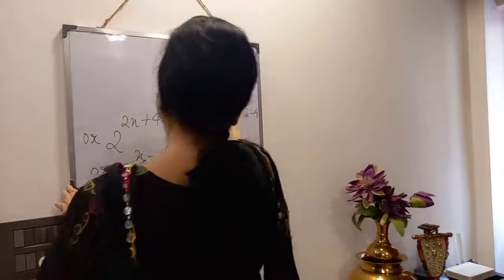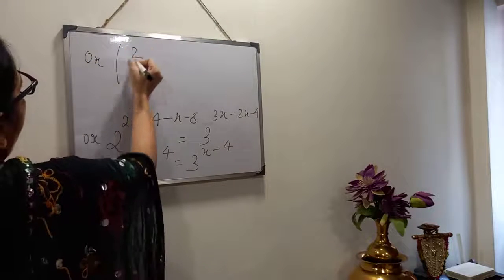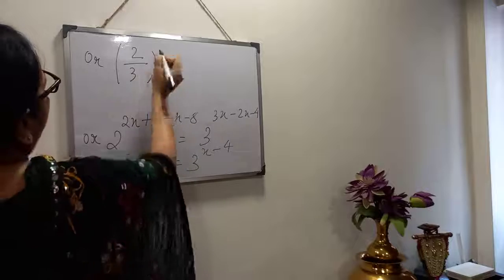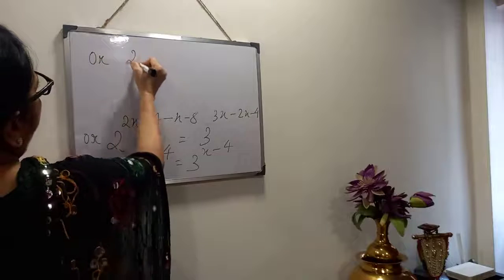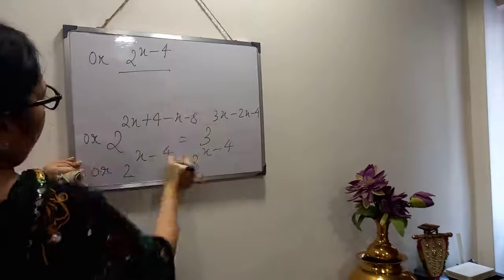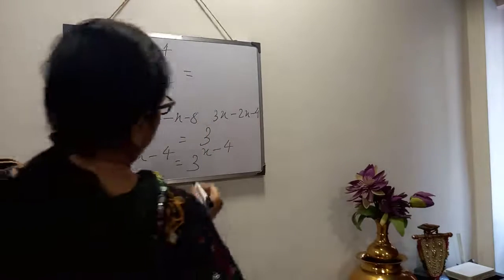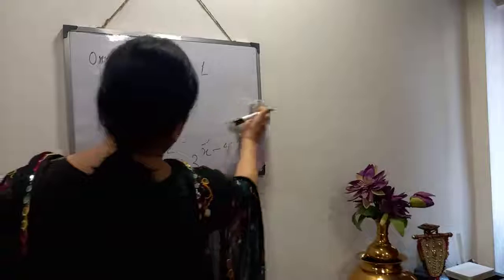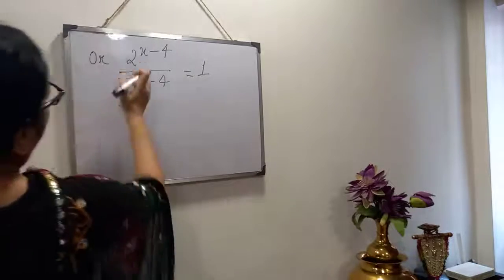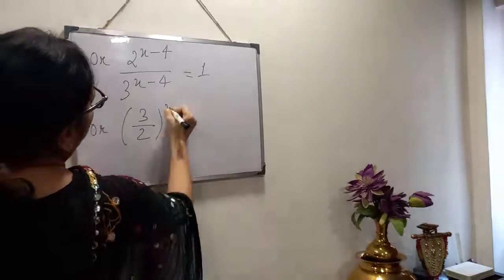Now this one you will keep in mind what I am doing now. See, I am taking in this form power same, or one more step I am writing: 2 to the power x minus 4, I am writing this in this form, and right hand side nothing is there, that means 1. Clear? Now see, power same, so we can write it in this form, 3 by 2 to the power x minus 4.